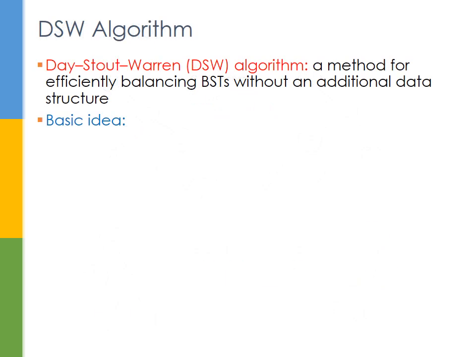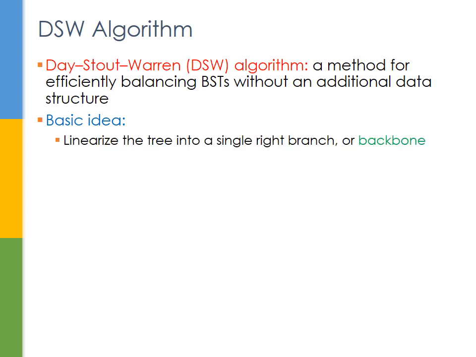Now that we've discussed tree rotations, we can move on to the DSW algorithm itself. So the basic idea behind the algorithm is a two-step process. The first step involves linearizing the tree into a single right branch, which we usually refer to as a backbone. So this essentially constructs a tree where we have a single root node, of course, but then every other node in the tree is a right child, and none of the nodes have left children.